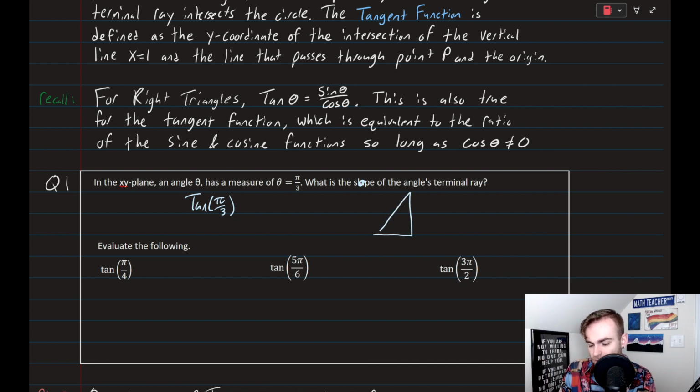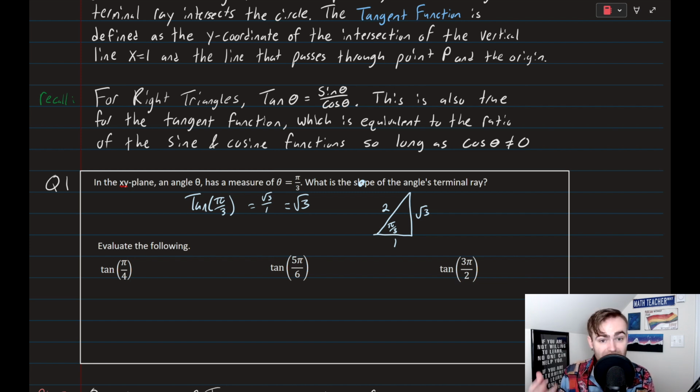I'm going to draw a triangle in standard position with the angle pi over 3. I know from my special right triangles that the smallest side gets the smallest angle. So this would be 1, root 3, and then 2, and I know the tangent is the opposite over the adjacent, which would mean that this is root 3 over 1, or just root 3, would be the slope or the tangent at pi over 3.